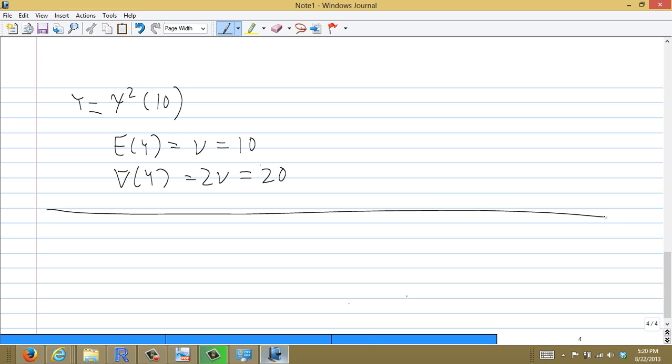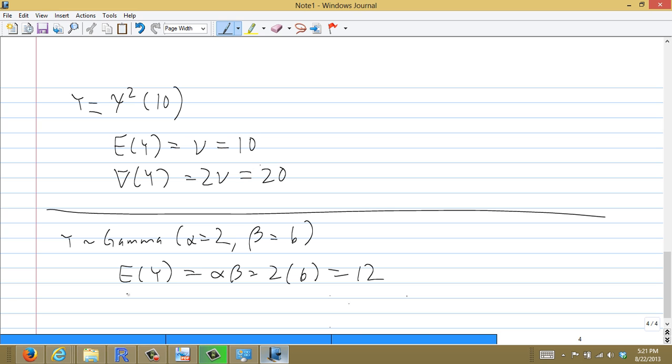And for the last example, we had a gamma random variable. The parameter alpha was equal to 2, and the parameter beta was equal to 6. So the expected value of our random variable is simply going to be alpha beta, which in this case is 2 times 6 equal to 12.